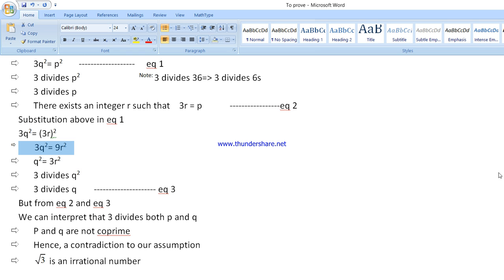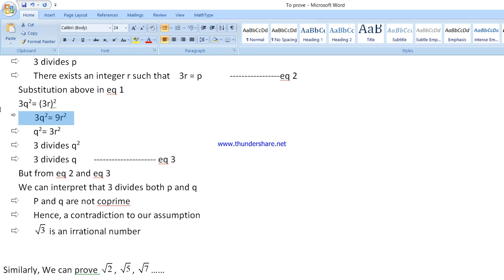Then I get q square is equal to 3r square, cancelling 3 from the left hand side and the right hand side. Again, this is same as the previous step. If q square is equal to 3r square, I can say 3 divides q square, and in the previous way I can say 3 divides q.